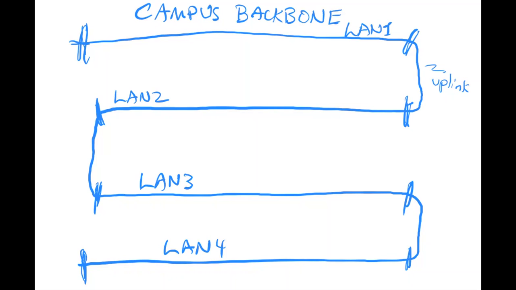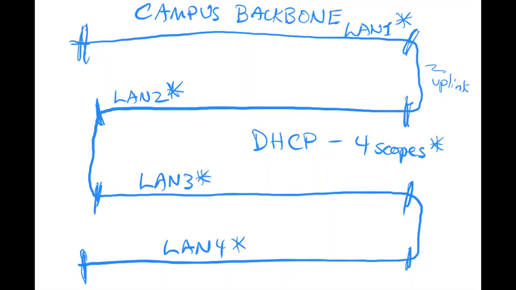But more importantly, let's say you have a DHCP server again. A single DHCP server is capable of having a scope for every LAN. What am I saying? I'm saying you can have 4 scopes, 1 for each LAN. And then the cool part is, so remember this thing about the DHCP helper or the IP helper? Yeah. Okay.